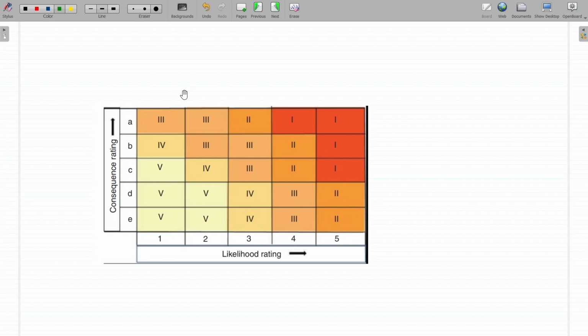Note that this generic matrix is conceptual and cannot be applied without careful customization to address the specific project. Detailed guidance and examples for designing rating scales and matrices suitable for use on specific projects, products, and systems are provided in IEC 31010.